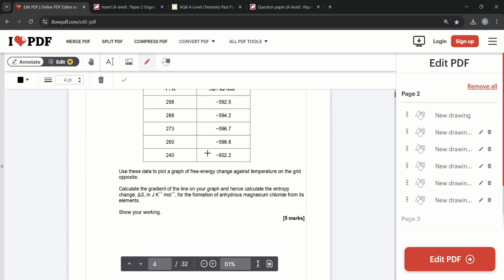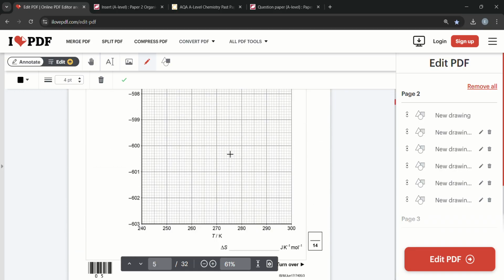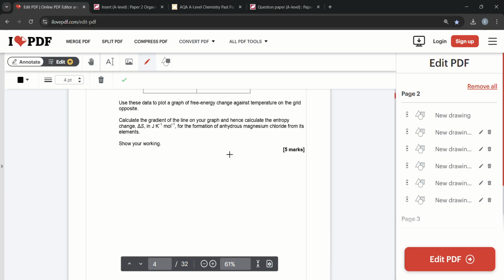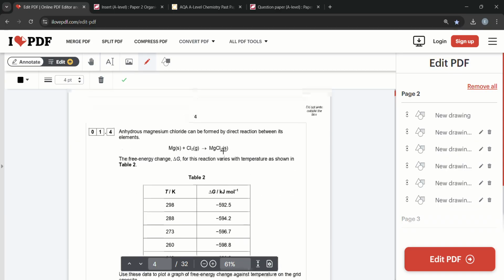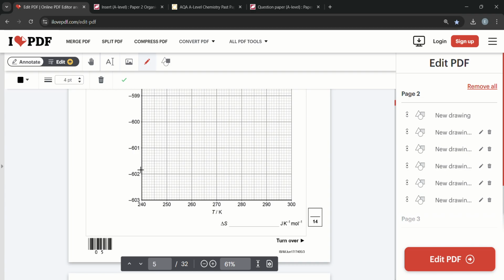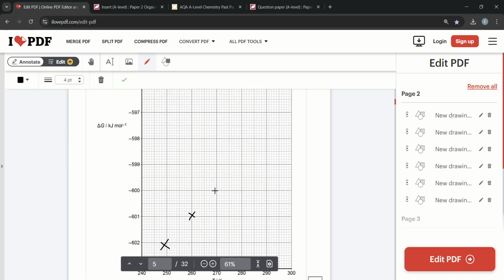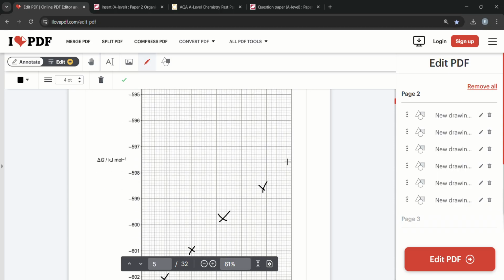1.4 Use the data to plot a graph of delta G against temperature on the grid. Calculate the gradient and hence calculate the entropy change. Okay, so if we plot the graph, it gives us the x-axis and y-axis, so that's pretty nice. Look here, point here, 1 at 260, and it's just plotting graphs, which I'm just going to copy from the mark scheme here, otherwise it'd be a waste of time.